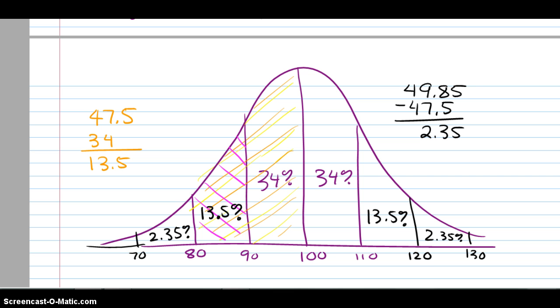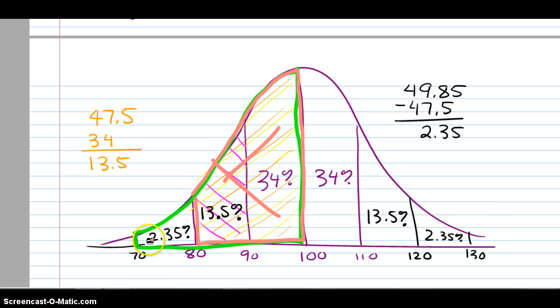We took this 49.85% and we subtracted off this 47.5%, and we're left with 2.35%. And we've already pointed out that these tails that go out to infinity forever and ever only have 0.15% in each tail.